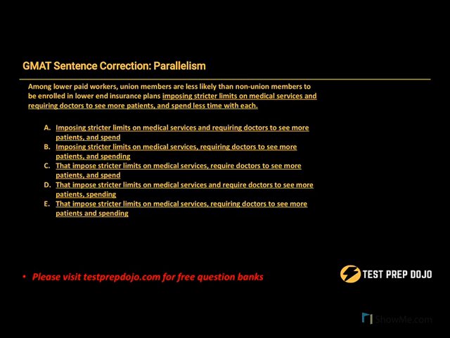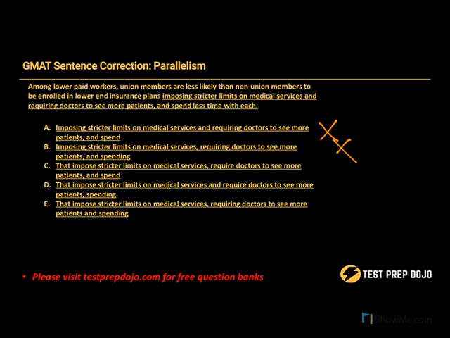What is doing the imposing? The imposing is being done by the plans. So it's not an ing modifier that we want, it's insurance plans that impose stricter limits. So that's our first decision point. Based on that one, we can eliminate this one, and we can eliminate this one. Okay.